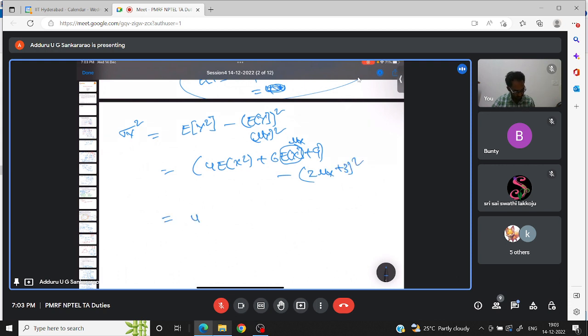So what you get is 4 expectation of x square plus 6 mean plus 9, minus 4 mu x square, minus 12 mu x, minus 9. The 6 mu x and the 9 terms will cancel.